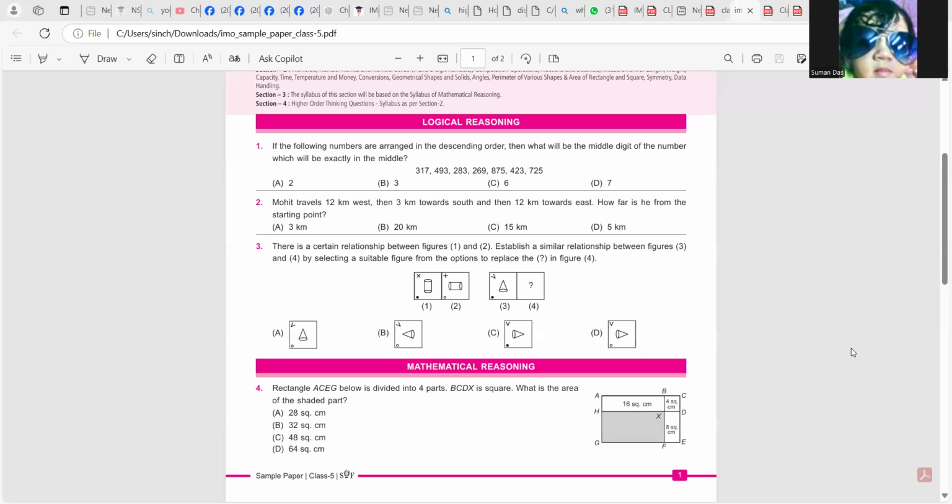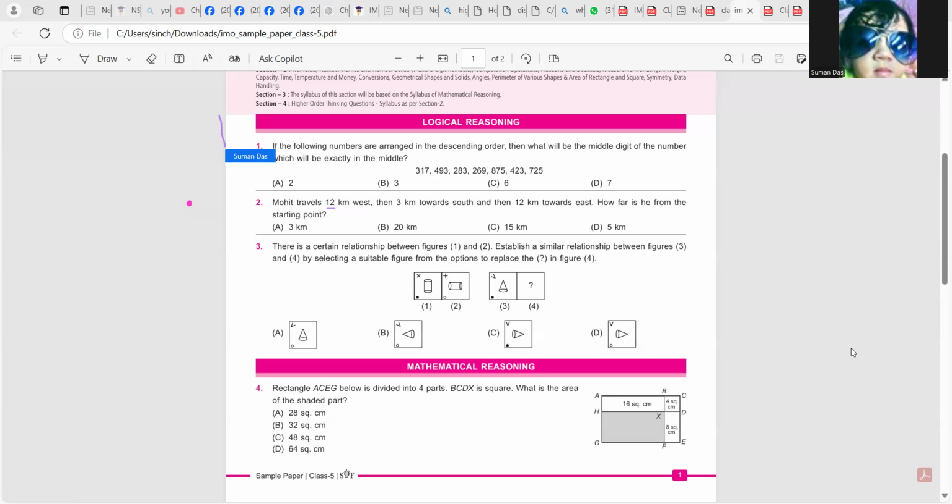Ma'am, 2 is A because, wait a second. Suppose this is the starting point of Mohit. Mohit travels 12 kilometers to the west.